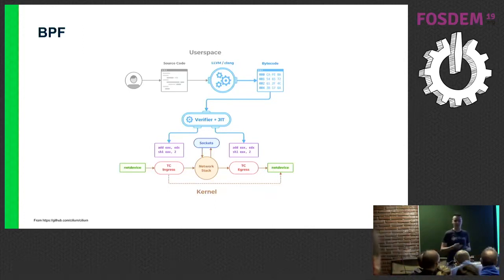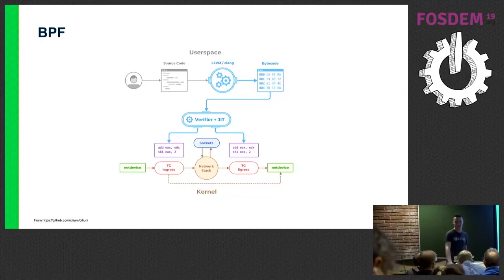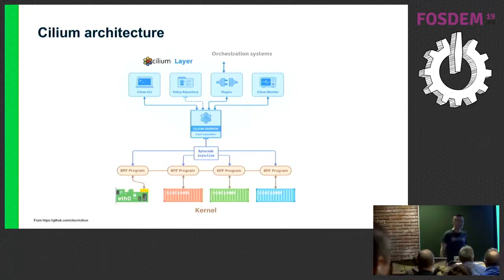That kind of program needs to be written in C in user space, compiled to bytecode, and then that bytecode is loaded into the kernel through the verifier and JIT and executed in the virtual machine. Then that program deals with network packets or with syscalls inside the kernel.